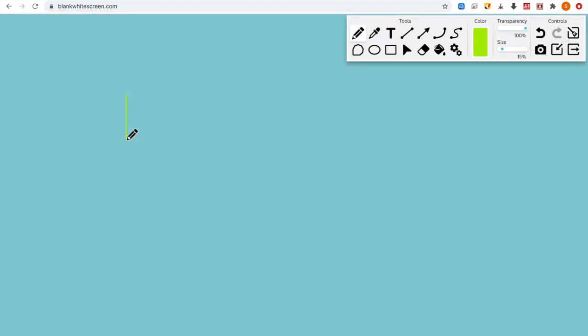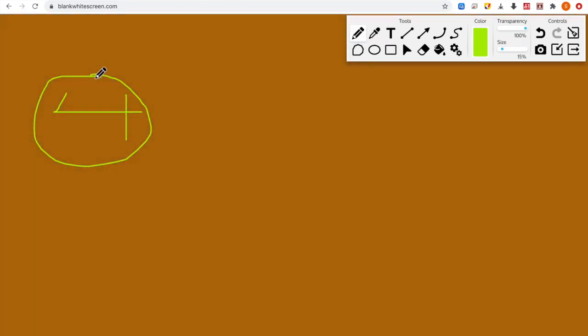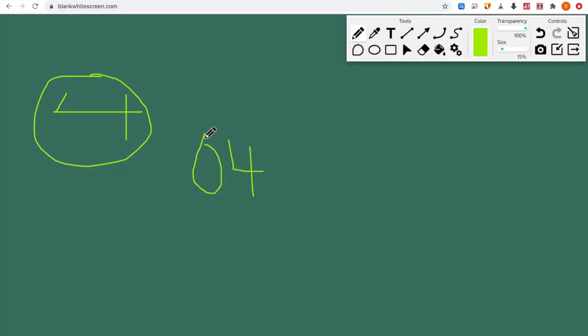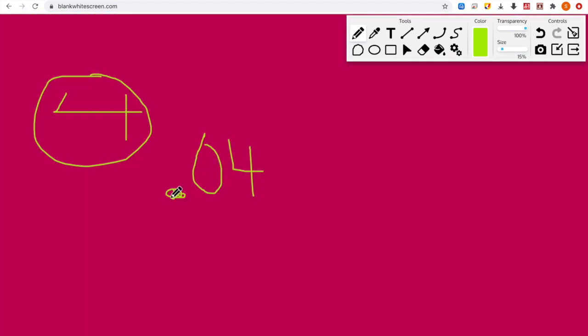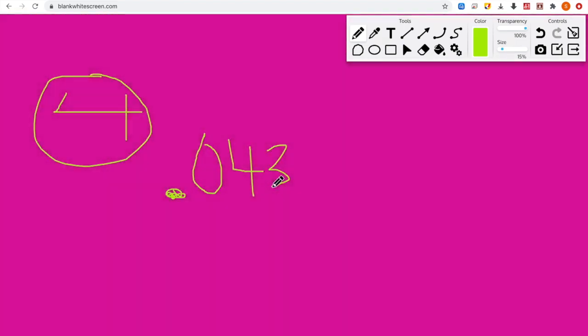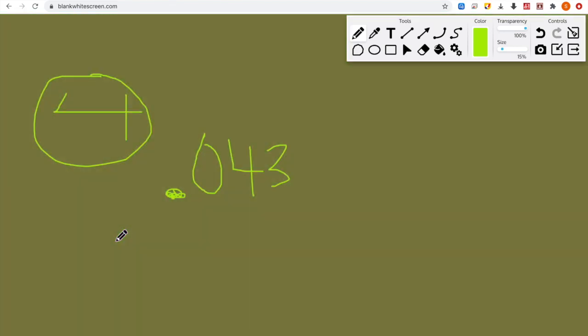Now we're going to do another example, and we're going to start with decimal form. Let's start with 0.043. In this case, once again, I don't see the times 10 to the whatever power, and I don't see any numbers in front of the decimal.